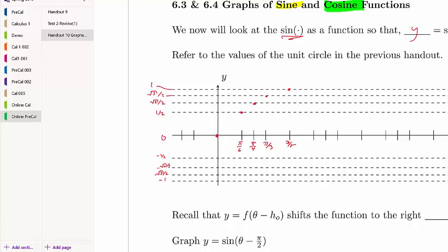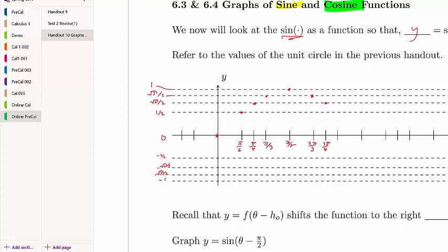Alright, and then you keep circling down as you go through the next ones. This one is 2 pi over 3, putting us at root 3 over 2. Next we have 3 pi over 4, putting us at root 2 over 2.